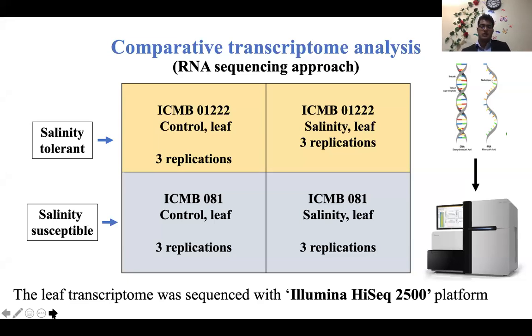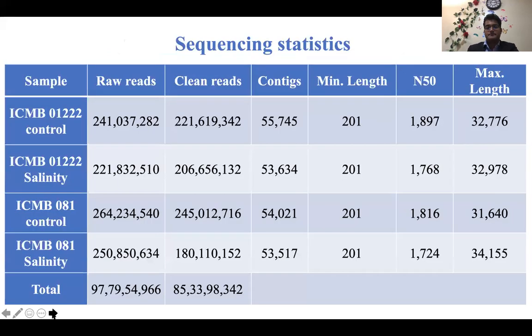Based on the physiological and biochemical analysis, like relative water content, chlorophyll content, sugar content, and our phenotypic observations, we selected these two lines and performed RNA sequencing of both, maintaining 3 replications. We collected leaf samples from both control and salinity stress plants and sequenced them using the Illumina HiSeq platform.